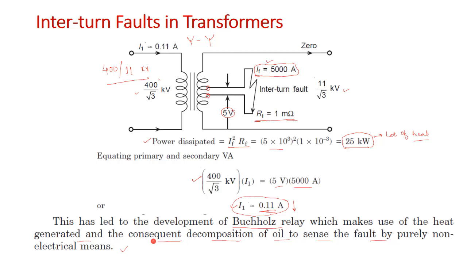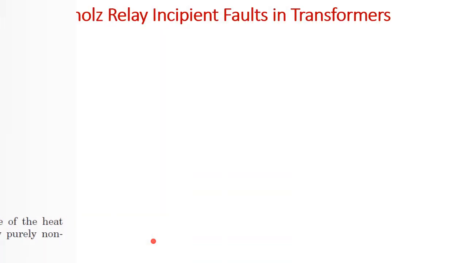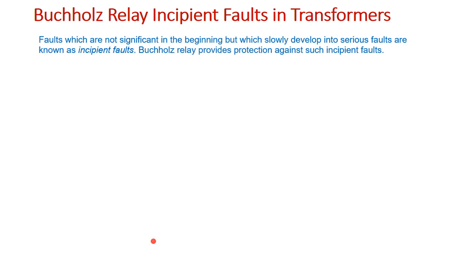Let us see the functioning of the Buchholz relay and how it is important. The Buchholz relay detects incipient faults in transformers. What are incipient faults? This interturn fault is also a kind of incipient fault, and there are other incipient faults like oil leakage and hotspots in the cores, right?